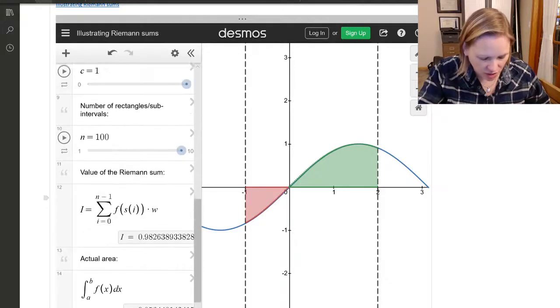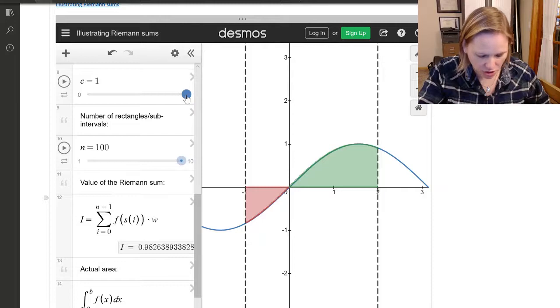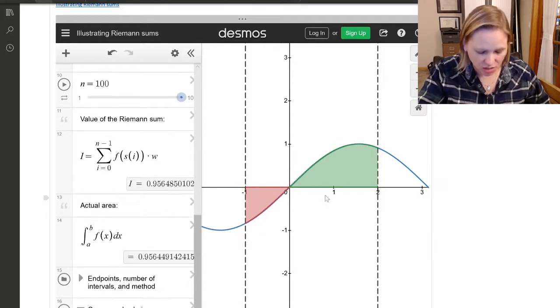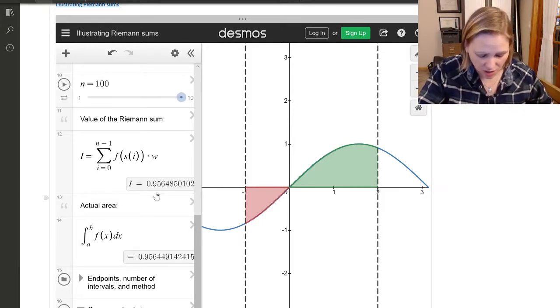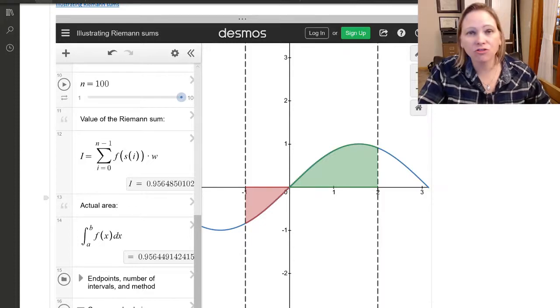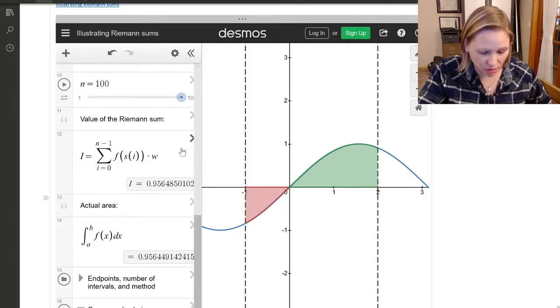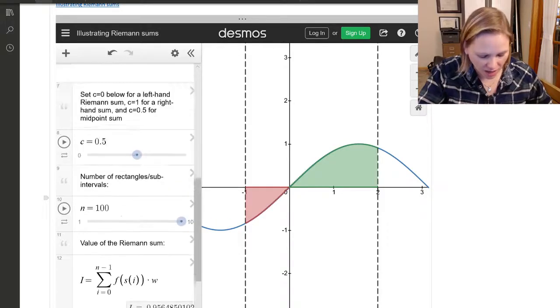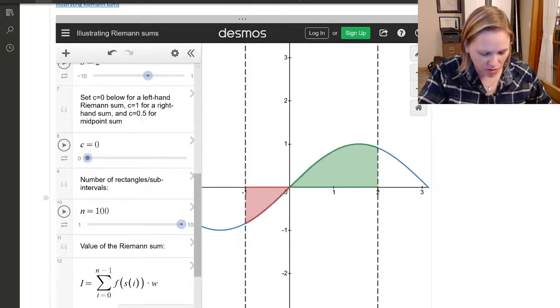And I can actually get even better approximations by using midpoints. So here's my midpoint approximation. Now I'm using the midpoints of the rectangle instead of the right-hand side. And look, 956, I've gotten myself 4 digits of accuracy. How crazy is that? Using 100 rectangles, midpoints as my heights, I am so much more accurate. What happens when I use the left sum?